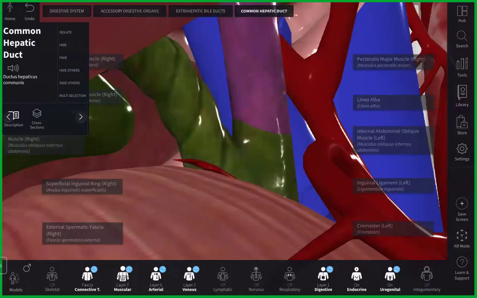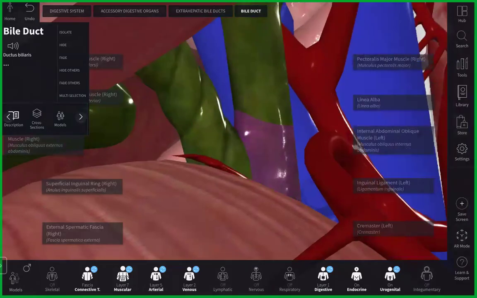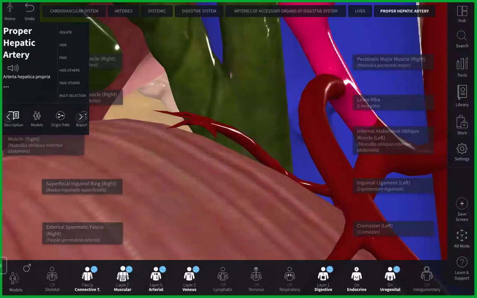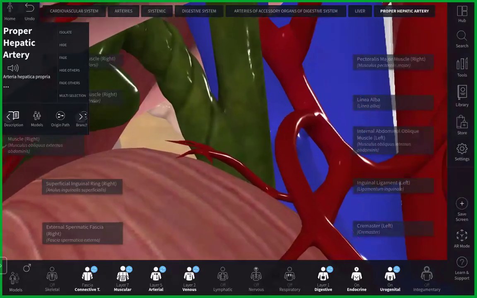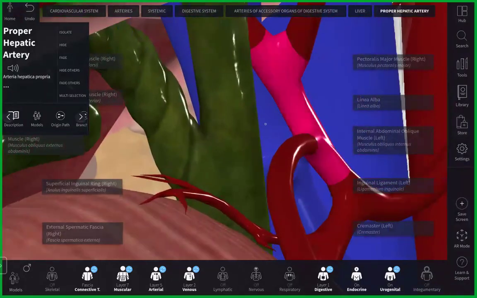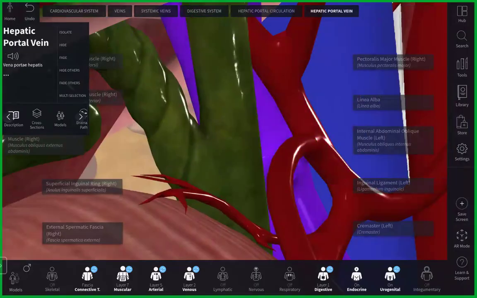It's inside the hepatoduodenal ligament. And we have proper hepatic artery. We can say just hepatic artery. Then we have portal vein.